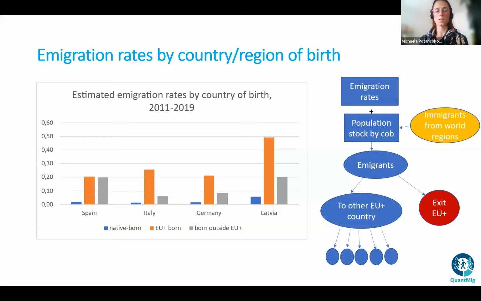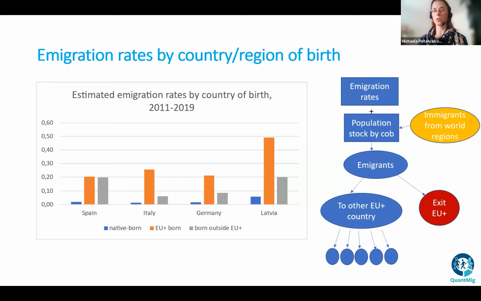And we can also see that those who are native born in Eastern European countries have sometimes triple or quadruple the rate, which makes sense since we are looking at the post-accession rates during the past decade. And the most mobile seem to be the EU-born people, so people who were born in another EU country than they reside in, and they had much higher emigration rates.